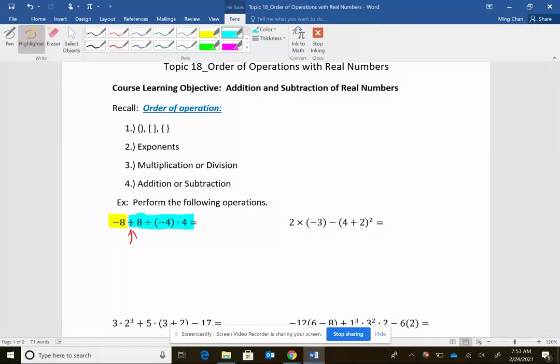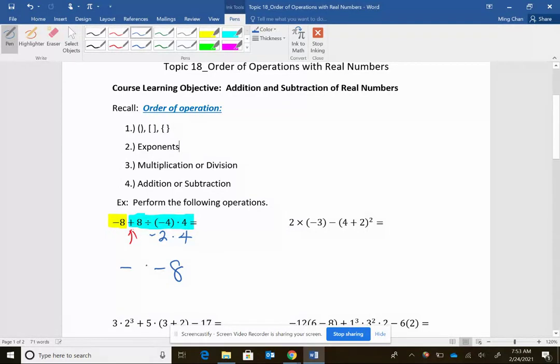So let's go ahead and figure out what the second term is. Positive 8 divided by -4 should be -2, right? -2 times 4 will give me -8. So that means my second term comes out to be -8. My first term is still -8.